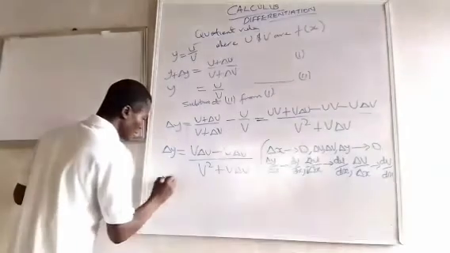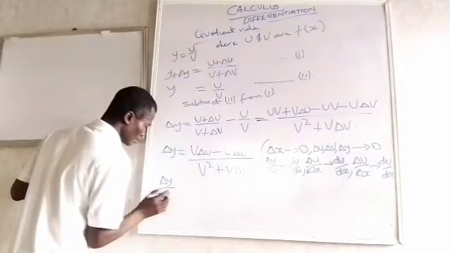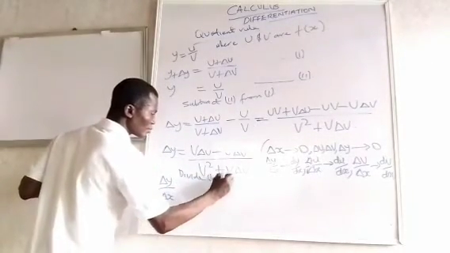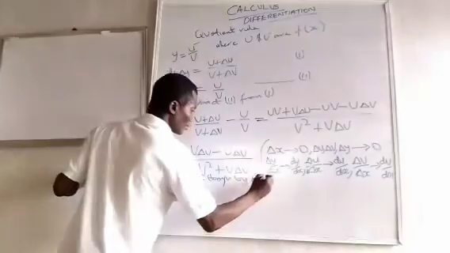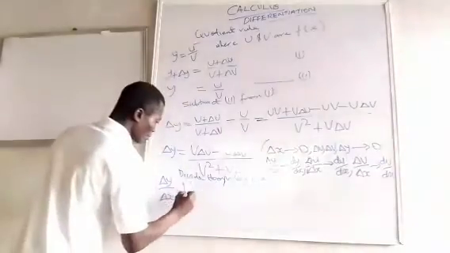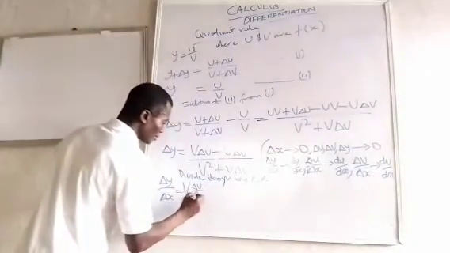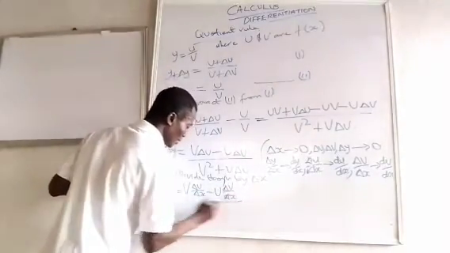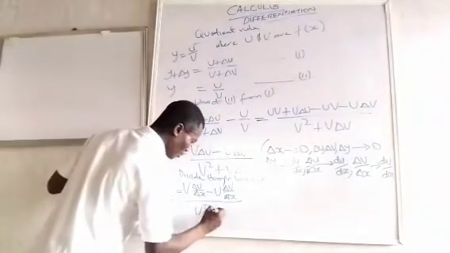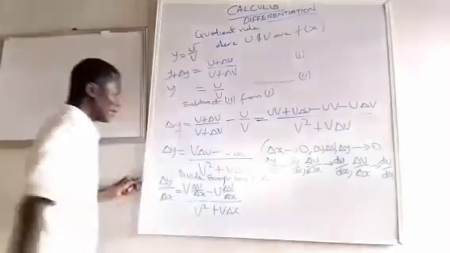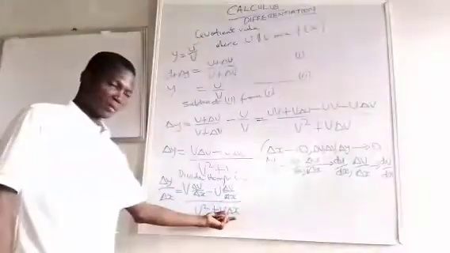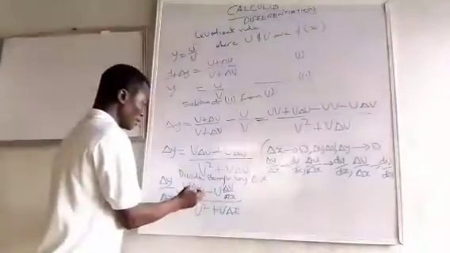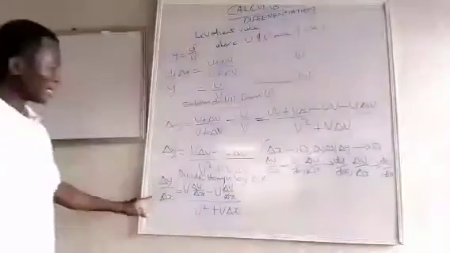We are going to have V delta U over delta X minus U delta V over delta X divided by V squared plus V delta X. Now, if you bring delta X to 0, this one will cancel. This place will be dv dx, this place will be du dx, and this place will be dy dx.